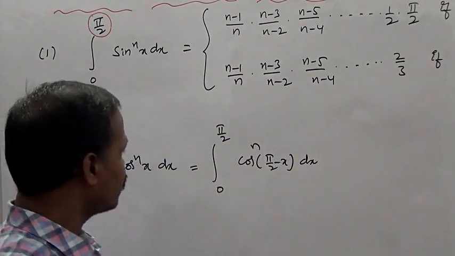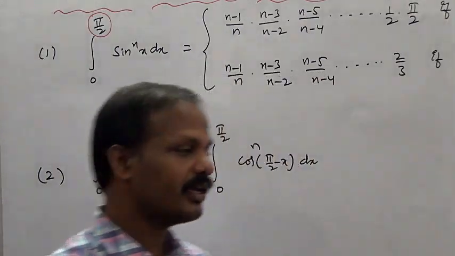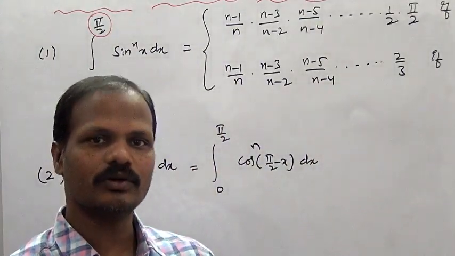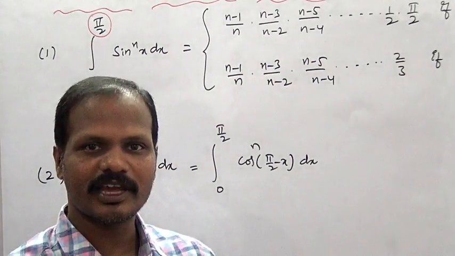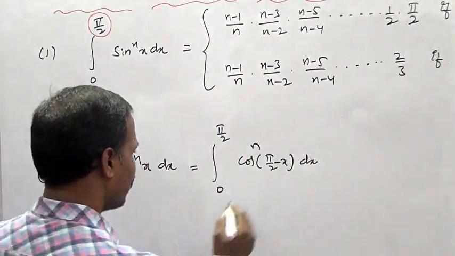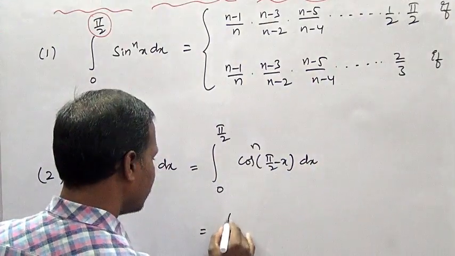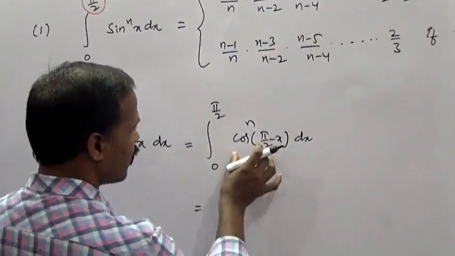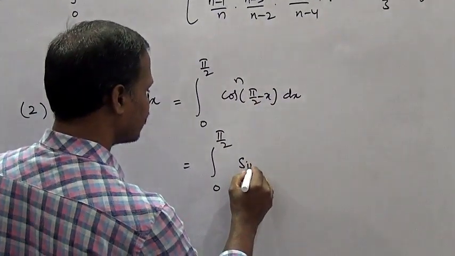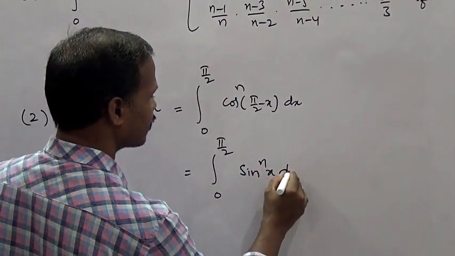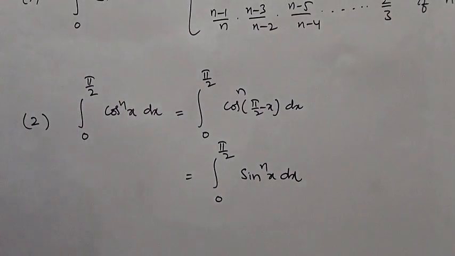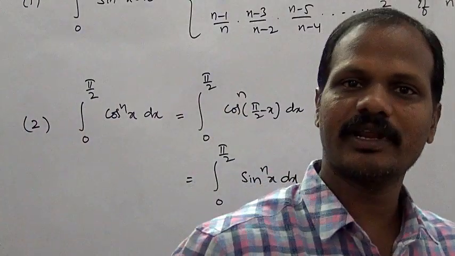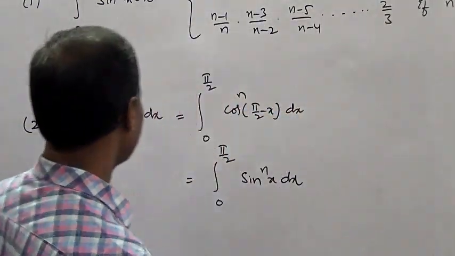Which property are we using here? Integral 0 to a f of x dx equals integral 0 to a f of a minus x dx. This is nothing but integral 0 to pi by 2 sin power n x dx. So this result is true for both sin power n x as well as cos power n x.